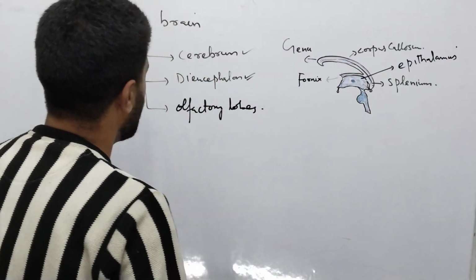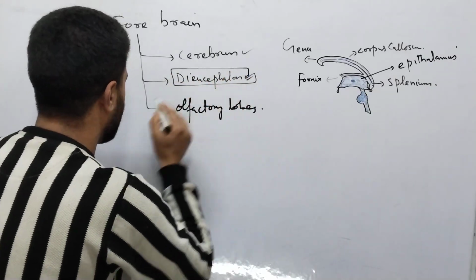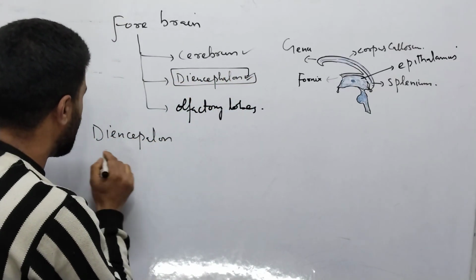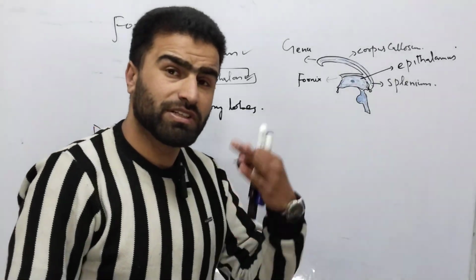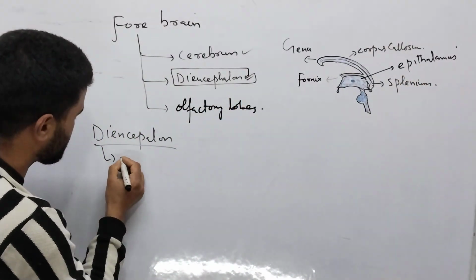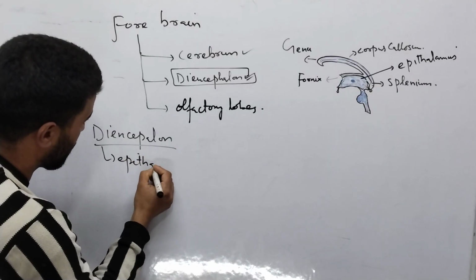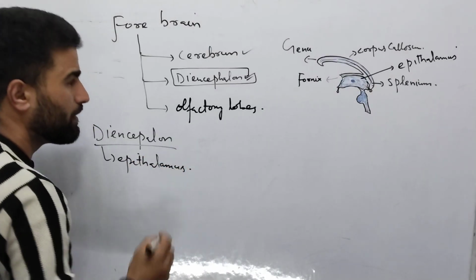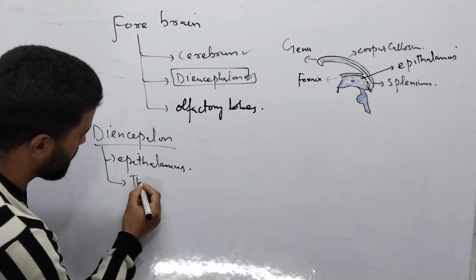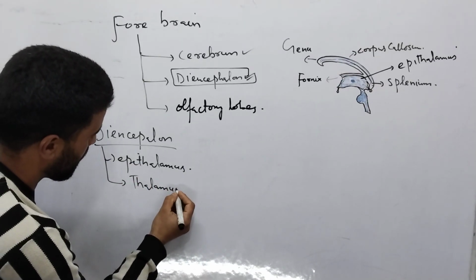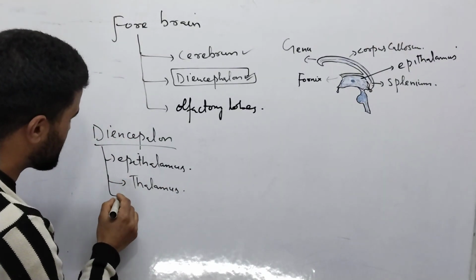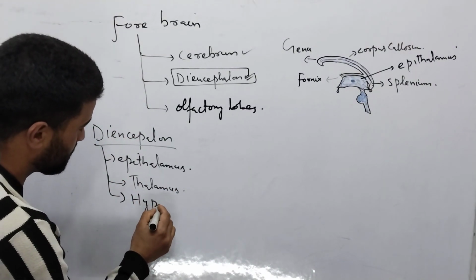Epithalamus, right? So when we talk about this diencephalon, it is comprised of three structures. One structure is the epithalamus, the second structure is the thalamus, and the third structure is called the hypothalamus.